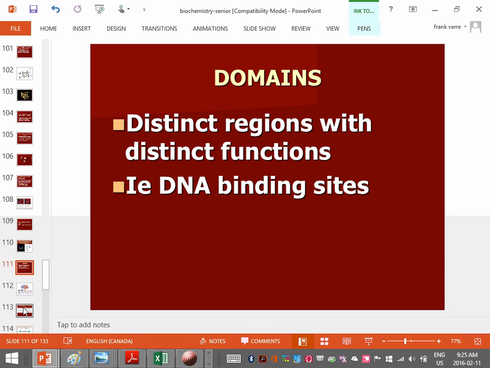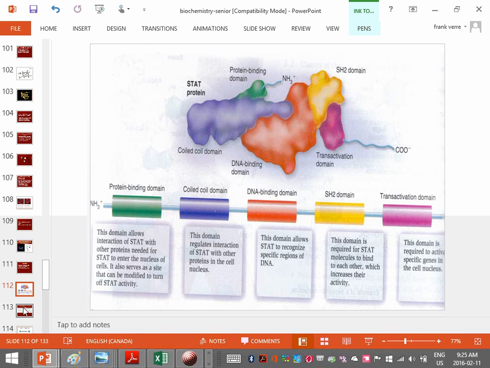Domains. So protein is pretty complicated. All right. We can look at a protein and we can zoom in on it, and a protein may have what are called domains, okay? And domains are areas in a protein that have specific roles.